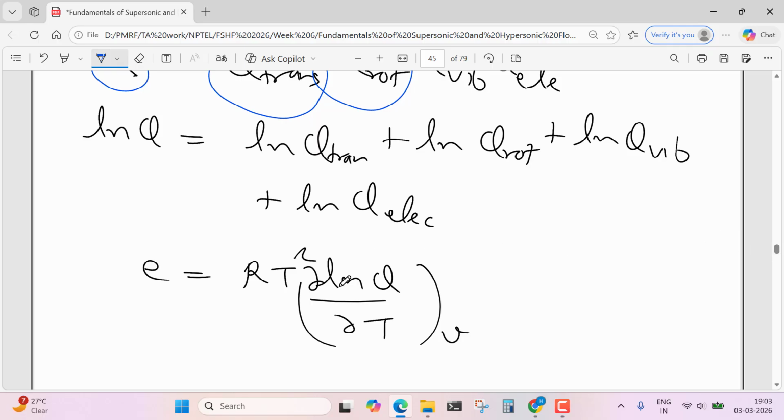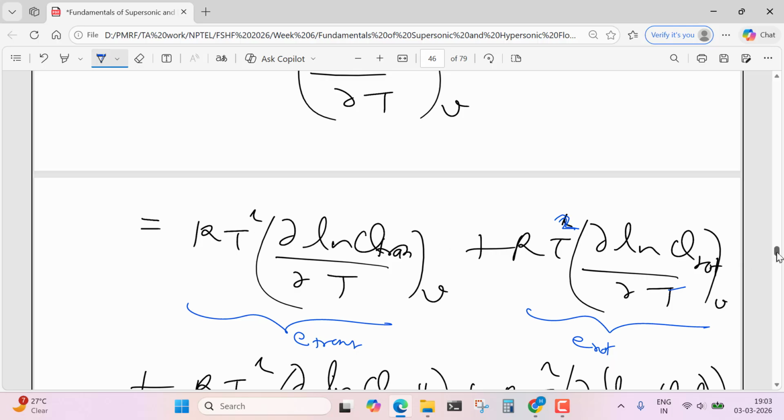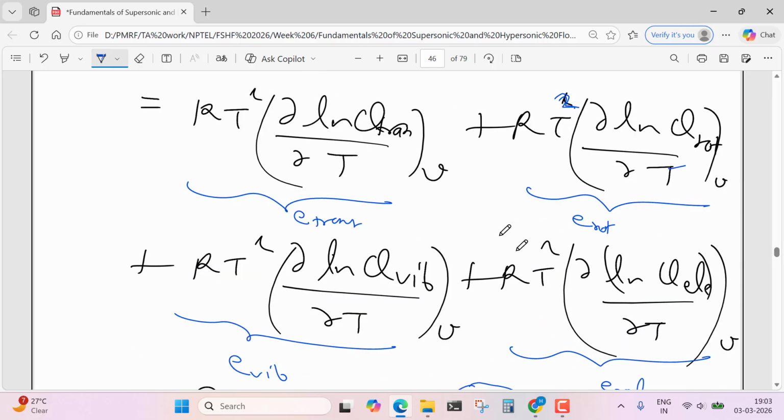If we substitute this log Q here, we get four terms: RT square dou log Q trans upon dou T at constant volume, plus RT square dou log Q rotational upon dou T at constant volume, plus RT square dou log Q vibration upon dou T at constant volume, plus RT square dou log Q electronic upon dou T at constant volume.